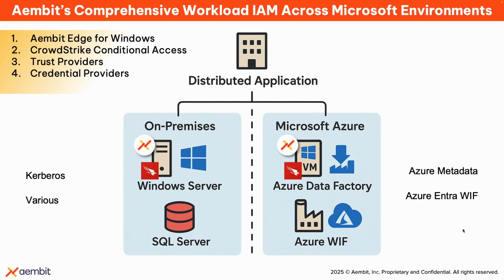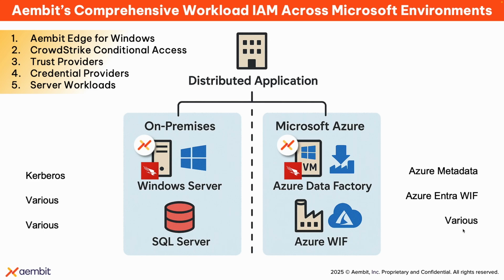Now let's talk about the actual services themselves. In terms of server workloads on-prem, we support a whole bunch of them. Anything from HTTP to SQL protocol to PostgreSQL and so on. In the cloud, we can support any type of service that runs in Azure. What this means ultimately is we can verify your Windows server.